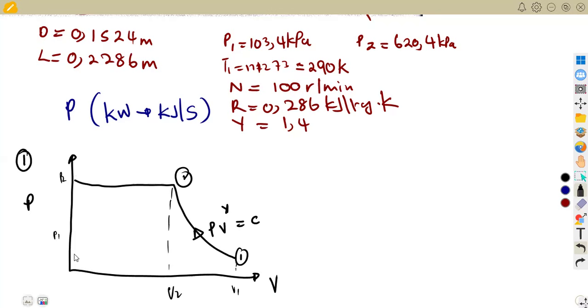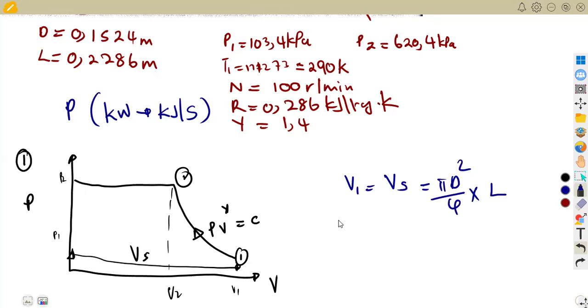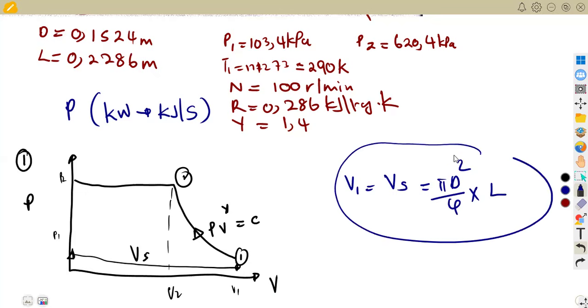As I stated, the whole of this volume is going to represent our swept volume, which is our V1. So we said if there is no clearance, this V1 is going to be equal to the swept volume, which is equal to pi d squared over 4 times the stroke length. That is the idea there.